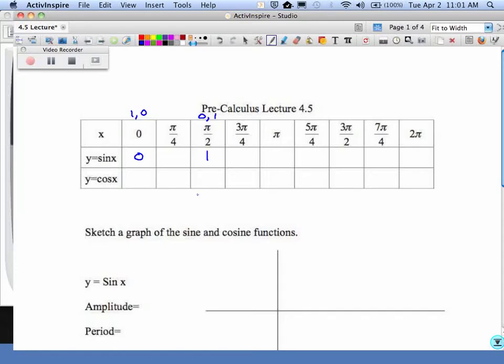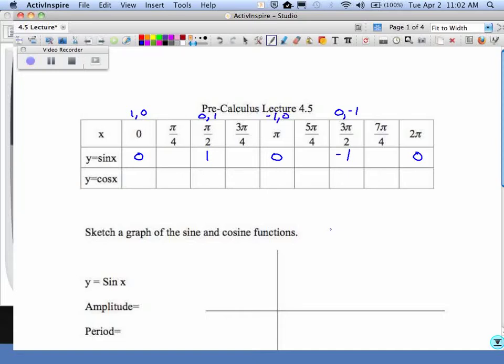Then at the left-hand side of the unit circle, negative 1, 0. So my sine is 0 again. What is it at the bottom of the unit circle? 0, negative 1. So the negative 1 is my answer there. And then back to 2 pi, same as the very first one, is a 0.